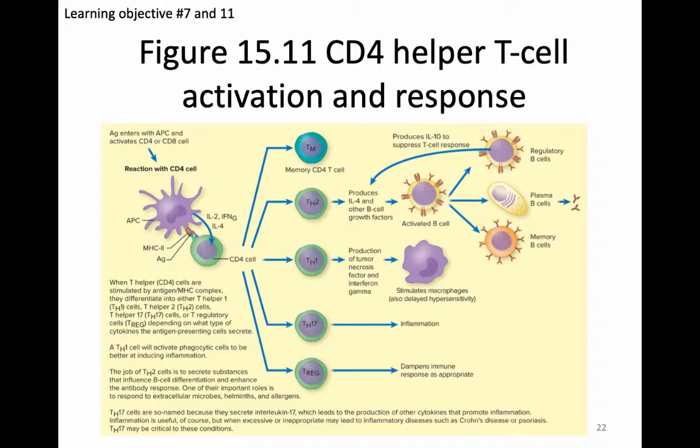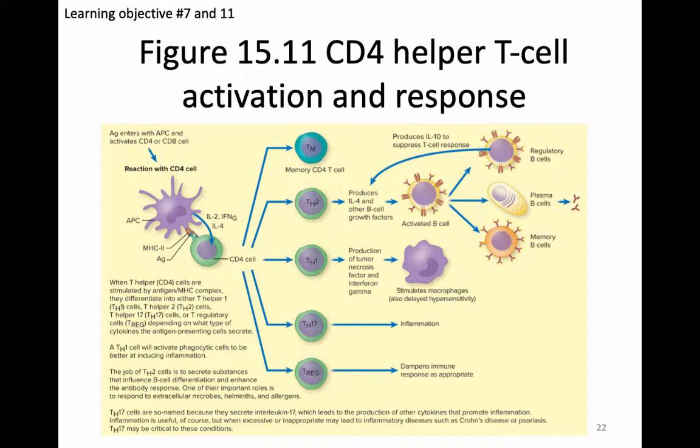We see that response from the T helper cell in this figure. Initially, we have the antigen-presenting cell, which has encountered an exogenous antigen, processed it, and presented it on MHC type 2. The CD4 helper T cell recognizes the MHC2 presented antigen with its T cell receptor, which allows the helper T cell to activate itself and other immune cells.